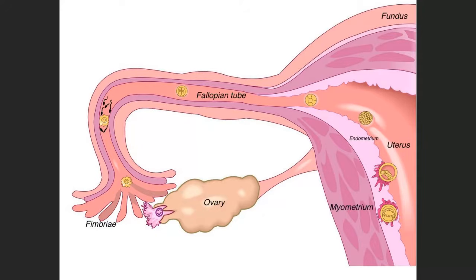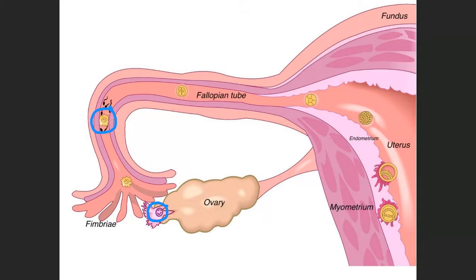This diagram here reminds you that ovulation occurs when the ovum comes out of the ovary, and that fertilization occurs in the proximal end of the fallopian tube. A lot of people seem to think fertilization occurs in the uterus.